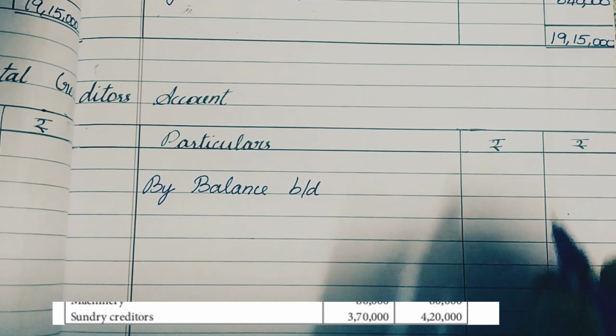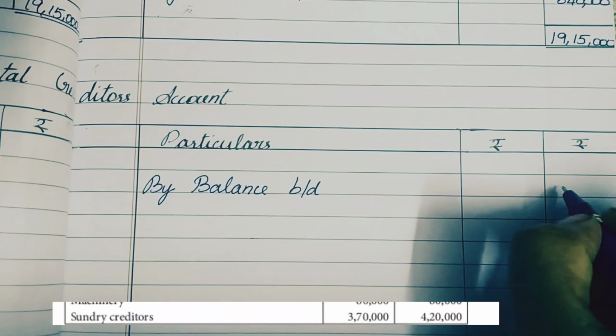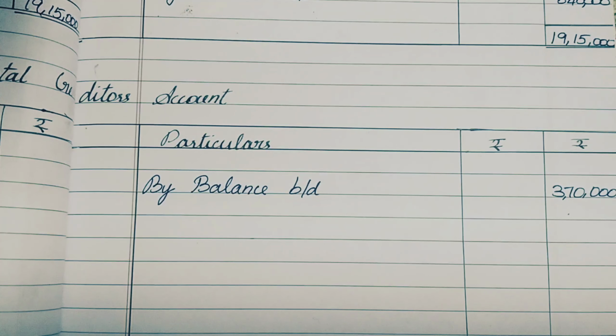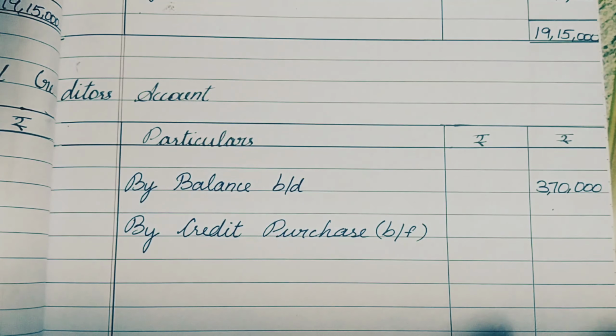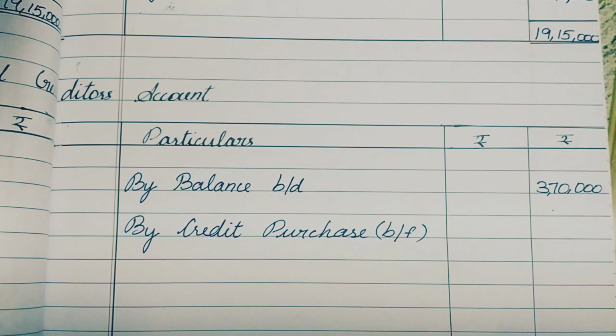That is 3,70,000 according to the information given in the problem for creditors as on 31/3/2018 in the first tabular column. Next, apart from this, it's only going to be the credit purchase, which is the balancing figure on the credit side. After this, on the credit side, we do not have anything else to do.